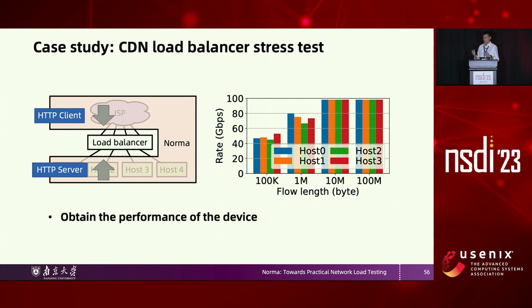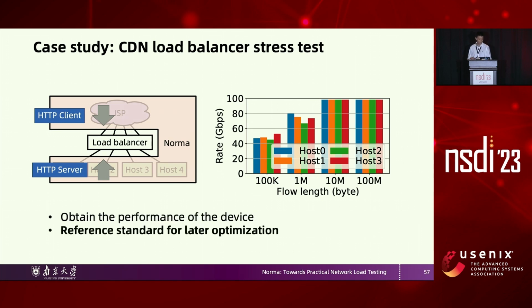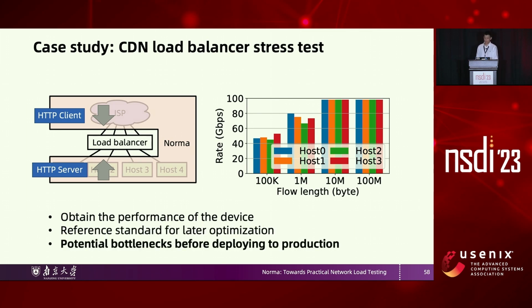In this case study, we can see that with Norma, we can obtain the performance of our load balancer under various traffic conditions. Also, Norma gives us a reference standard for later optimizations. Furthermore, we can find potential bottlenecks before the deployment of our products.